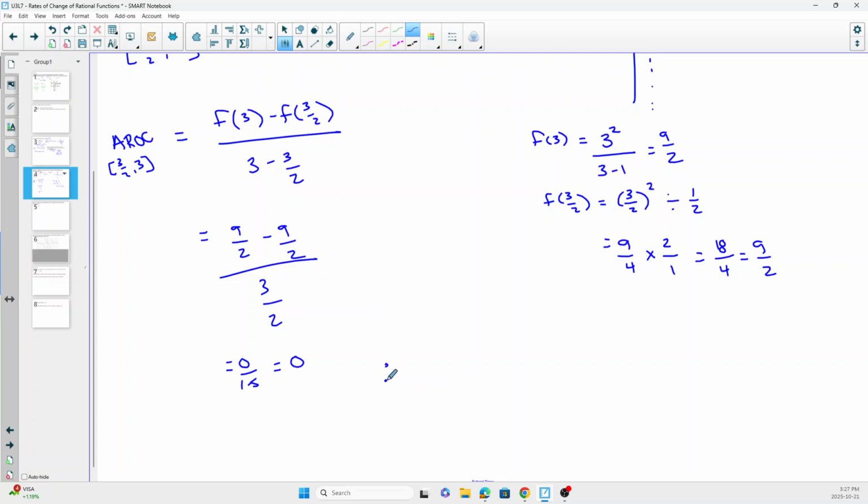So therefore, the average rate of change on the interval 1.5, or 3 over 2 to 3 is 0. Okay, so this isn't great, because a rate of change of 0 means it's not moving.